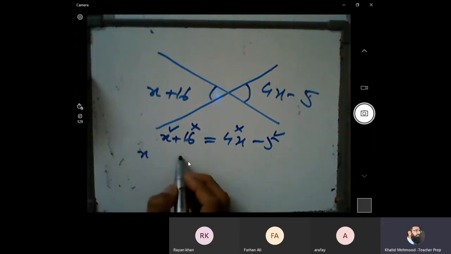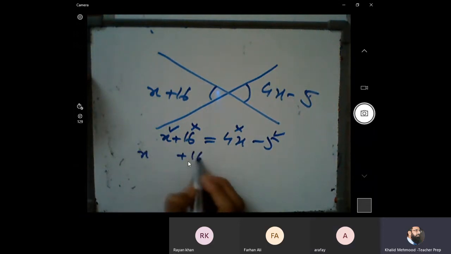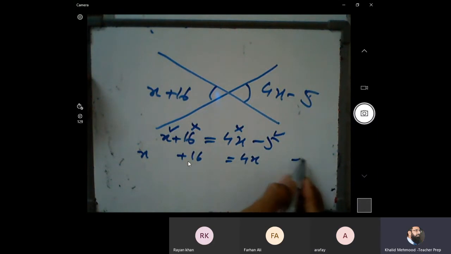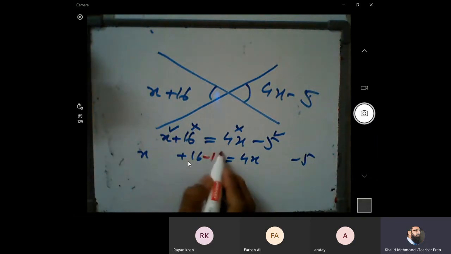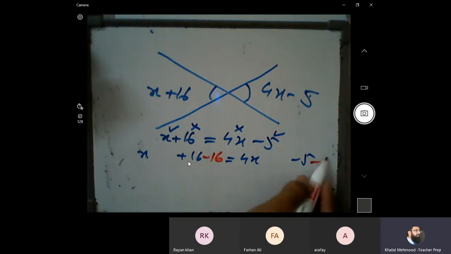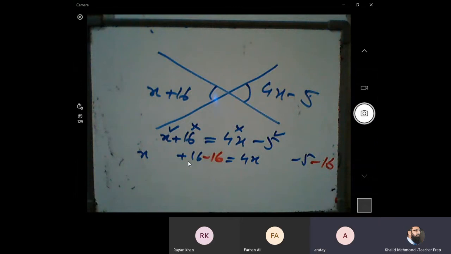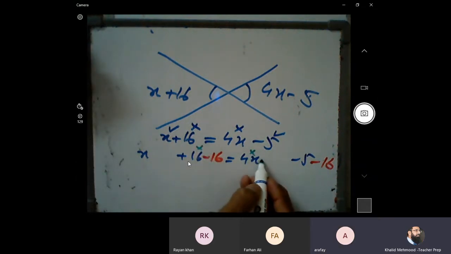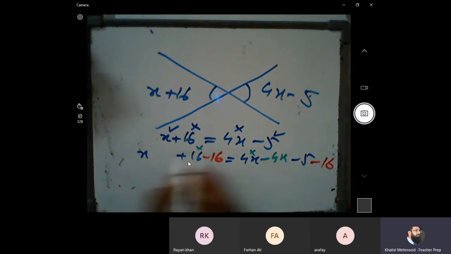So x plus 16 is equal to 4x, and I'm placing the 5 now. Now I'm removing plus 16 by putting minus 16. So it becomes minus 16 here as well. And 4x, because this was the wrong place, will be replaced by minus 4x, so it will be minus 4x here as well.